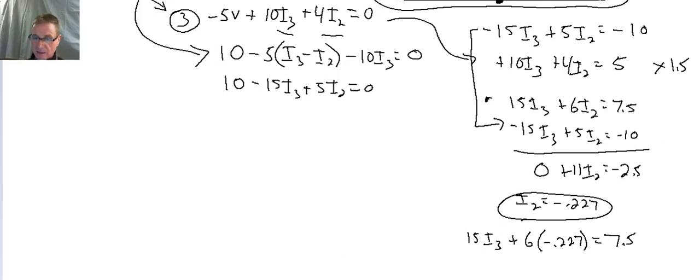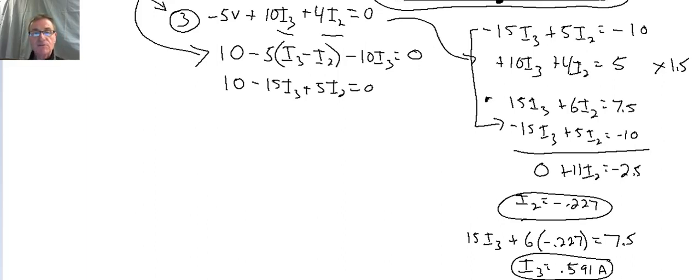Solving for I3, I get a value of 0.591 amps. Sometimes what happens is I hit the button on the pen and it stops writing.